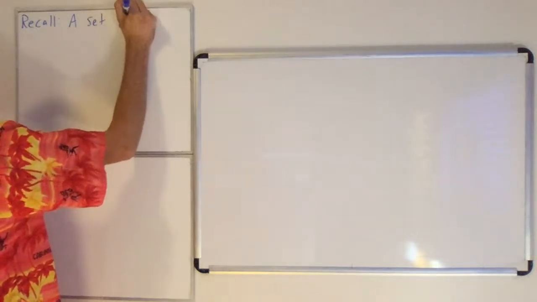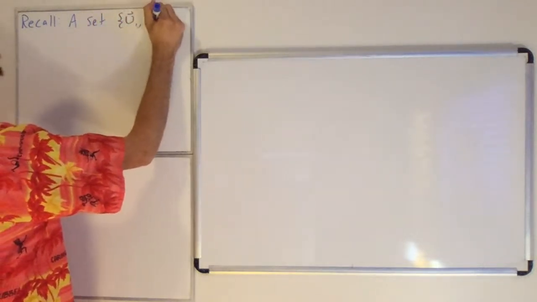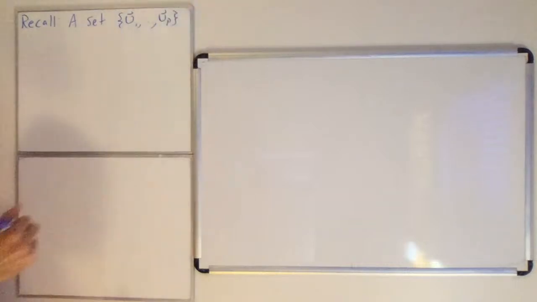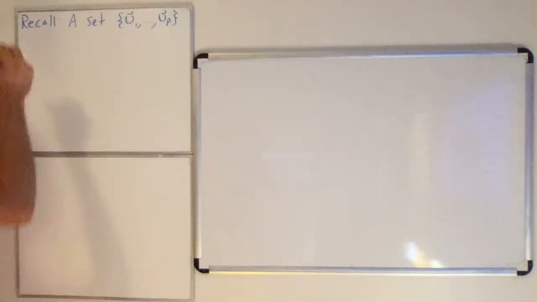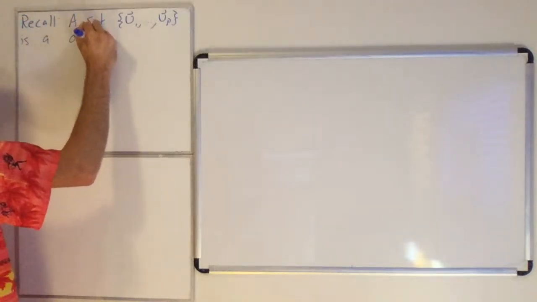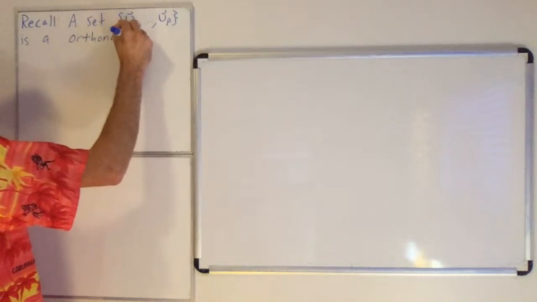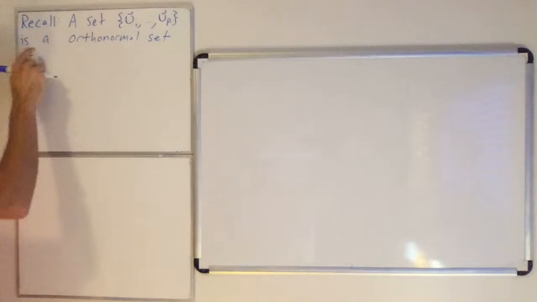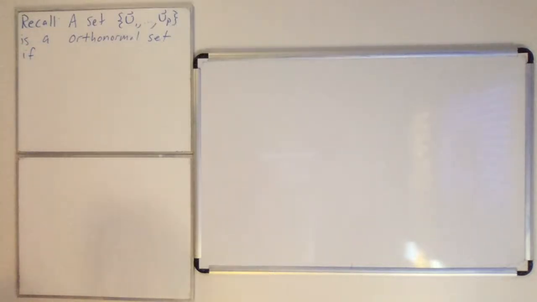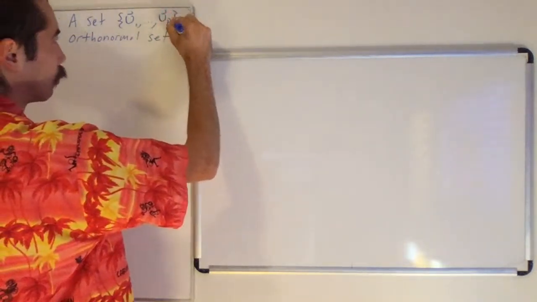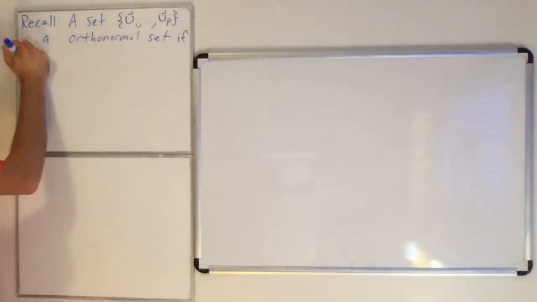A set u1 through, let's say, up is an orthonormal set if, what conditions have to hold for a set to be orthonormal?